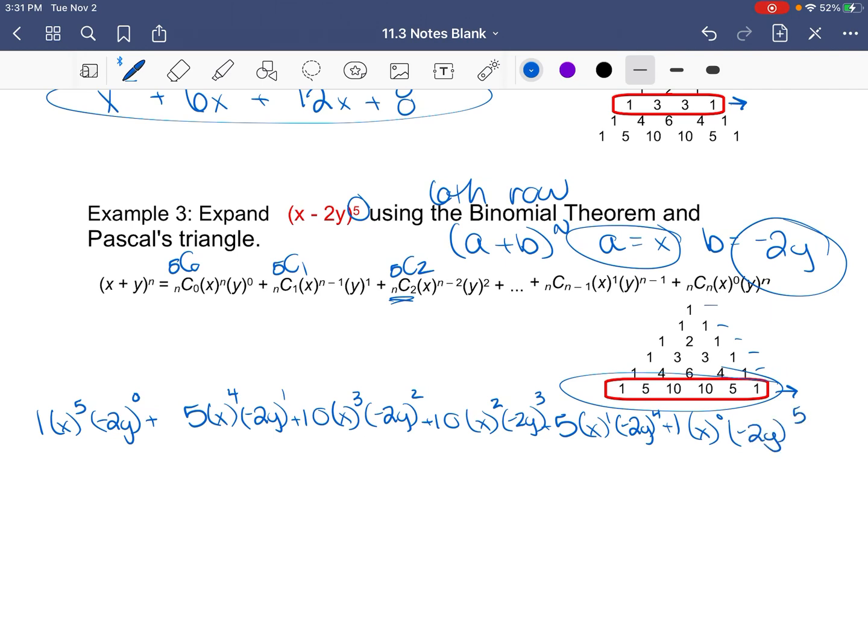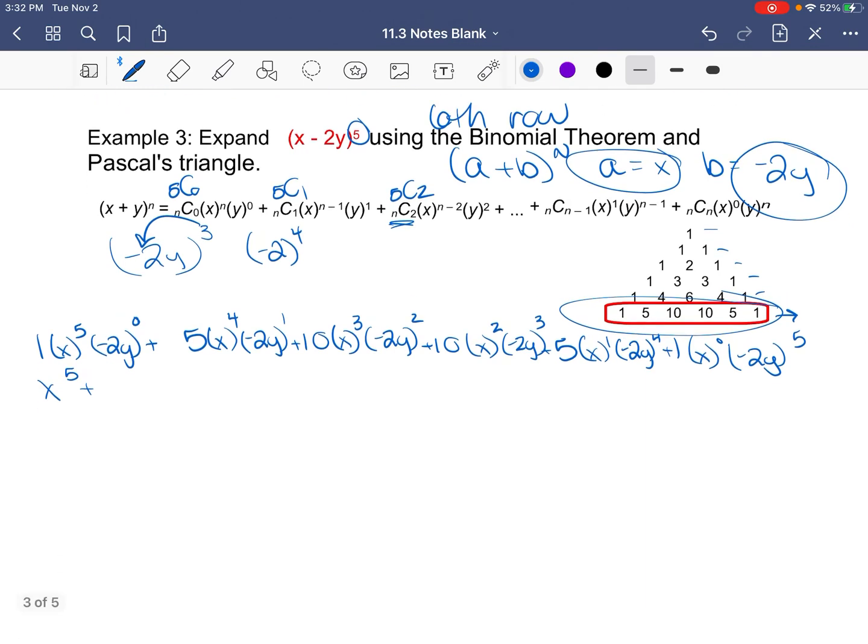So now we're just going to evaluate. Remember that the negative 2y is in brackets. So when we do odd powers, that is going to end up being a negative. If we do even powers, that's going to be a positive. So here we've got x to the 5th plus, depending on what my power is, I might simplify in 2 steps.